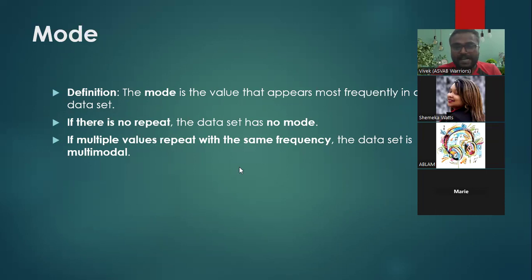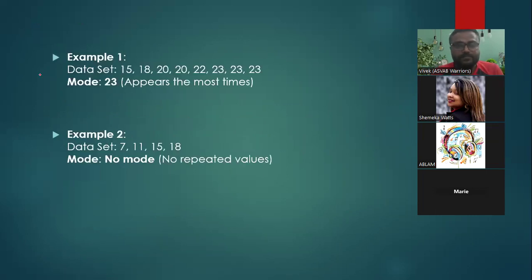Let's move on, and I'll try to explain this to you with some examples. Let's try to solve this one. The data set is 15, 18, 20, 20, 22, 23, 23, 23. So 20 is arriving 2 times, 22 is 1 time, 23 is 3 times, 18 is 1 time, and 15 is 1 time.